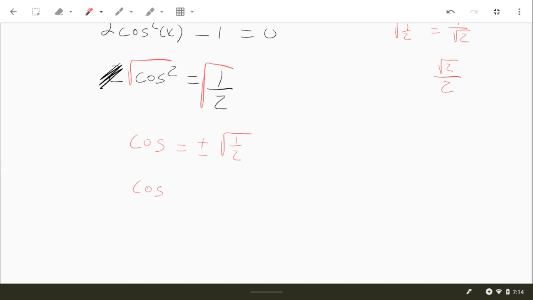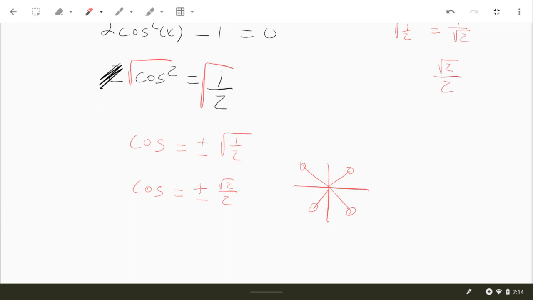So cosine is equal to plus or minus root 2 over 2. All right, and this is going to end up being all of those 45-degree reference angles because it's plus and minus. So all 4 of those will be your answer.